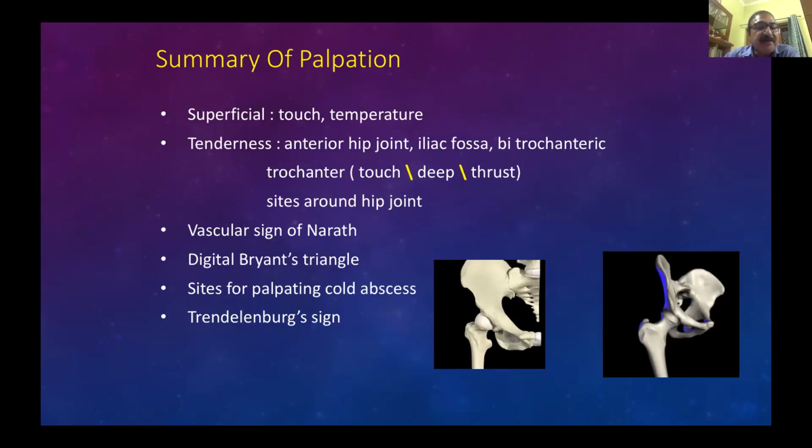If the hip joint you are examining has either weak or absent femoral pulses, then vascular sign of Narath is positive. Then I've told you about the digital Bryant's triangle, trying to palpate with the help of three fingers to find out whether the trochanter has gone up or not. Then I've told you about the sites of palpating cold abscess, and of course the tendon sign we have done earlier.